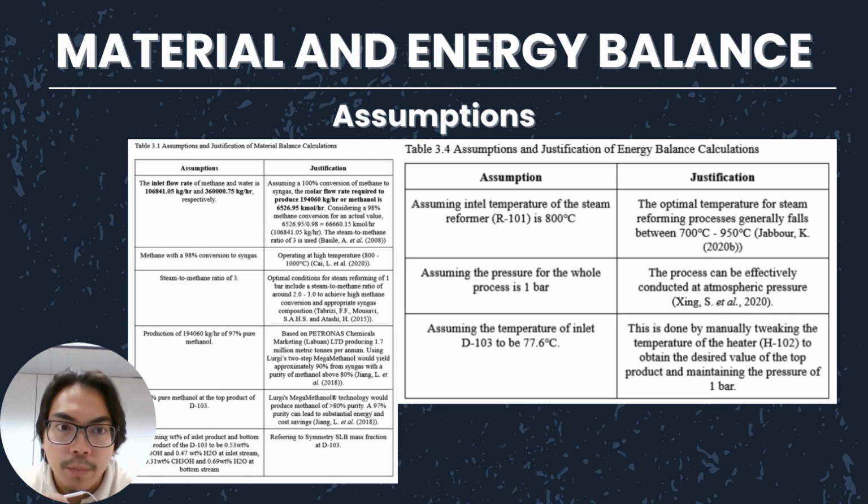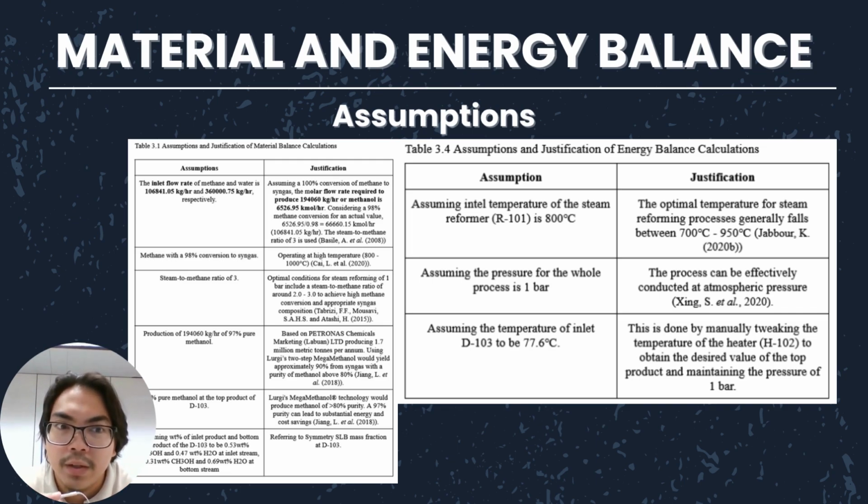To accurately perform the mass and energy balance calculations for a methanol production process, it was essential to establish a set of key assumptions. These assumptions, as detailed in Table 3.1 for material balance and Table 3.4 for energy balance, are critical for developing a robust and reliable model.